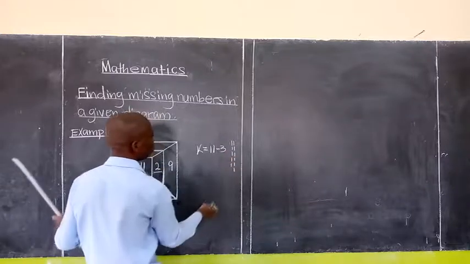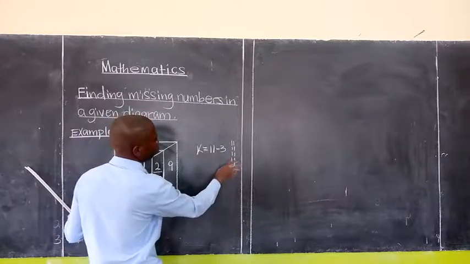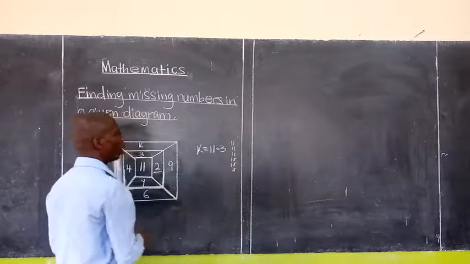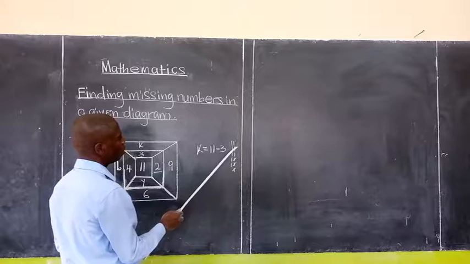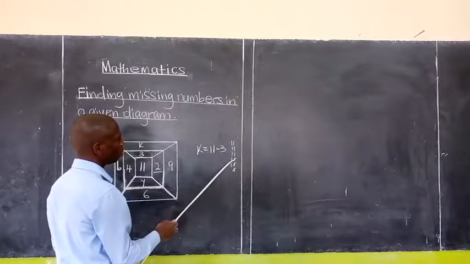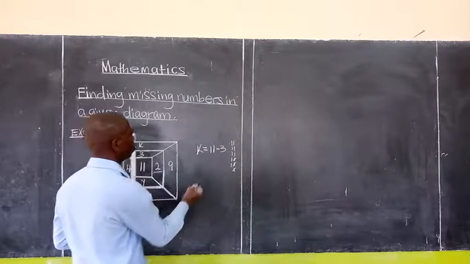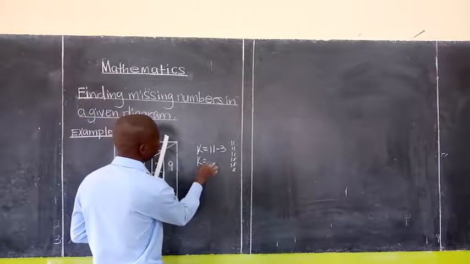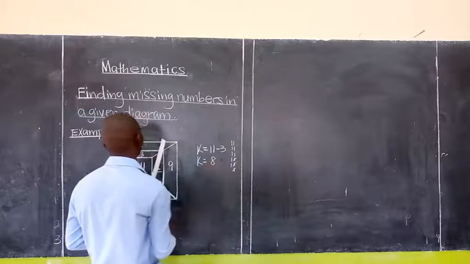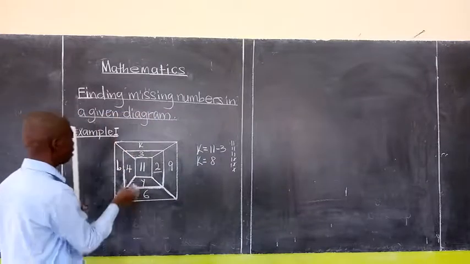So we are taking away 3. 1, 2, 3. What are we remaining with? 1, 2, 3, 4, 5, 6, 7, 8. So 11 take away 3, our K is 8. So the answer here is 8.